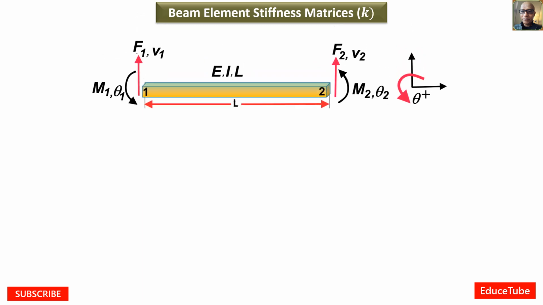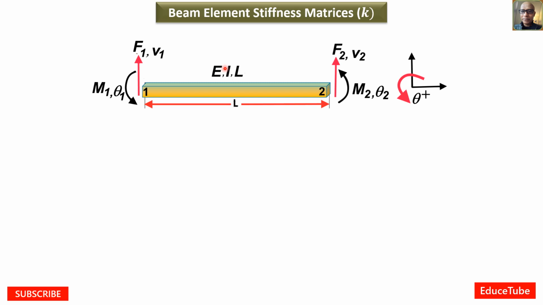Here I have taken a beam element with flexural rigidity EI. In other words, EI is the bending stiffness of a structural member, and it mainly resists bending stresses.